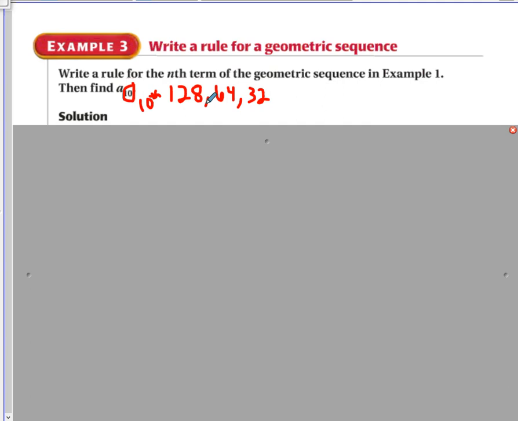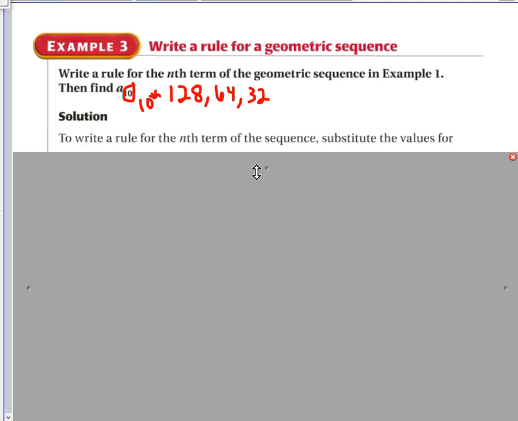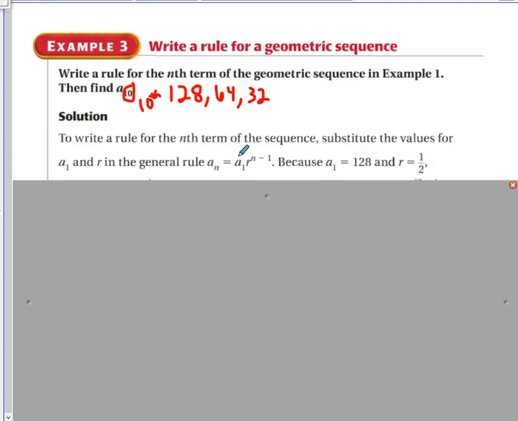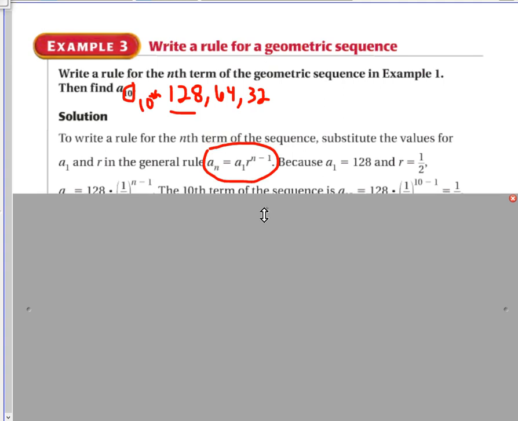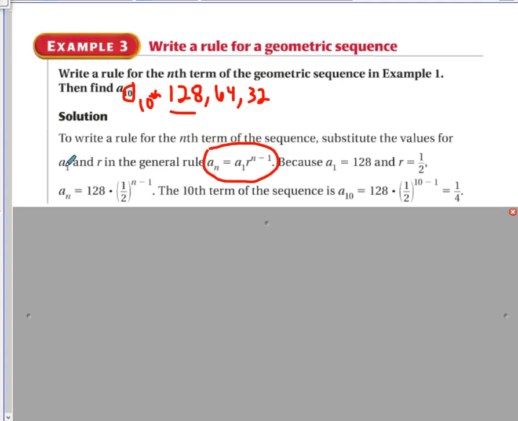So I'm just going to plug the information into my formula. My first term is 128. My ratio is 1/2, because I am multiplying by 1/2. So into the formula: 128 times 1/2 to the n, which is 10, because that's what I'm trying to find, minus 1.